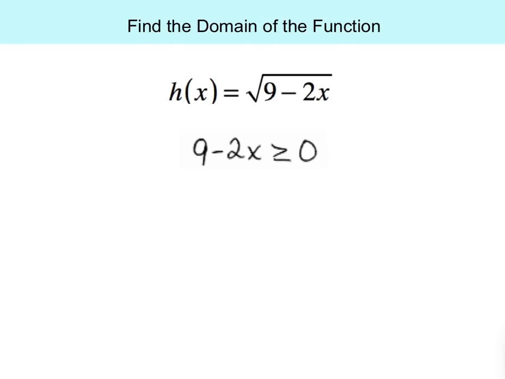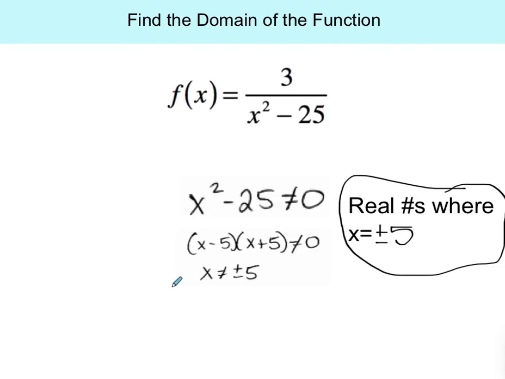If I wanted to list the prior one in interval notation, it would be from -infinity to -5, and then union 5 with a curved parenthesis to infinity.